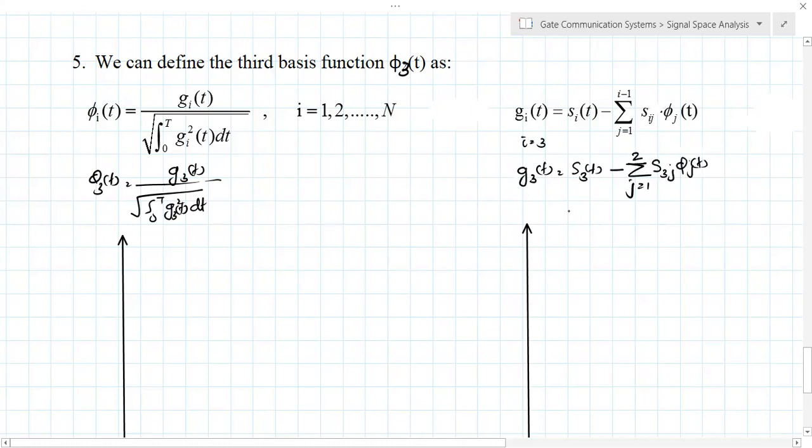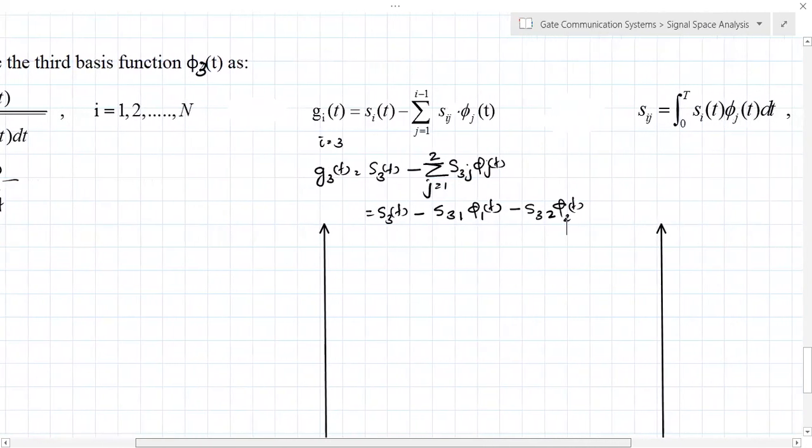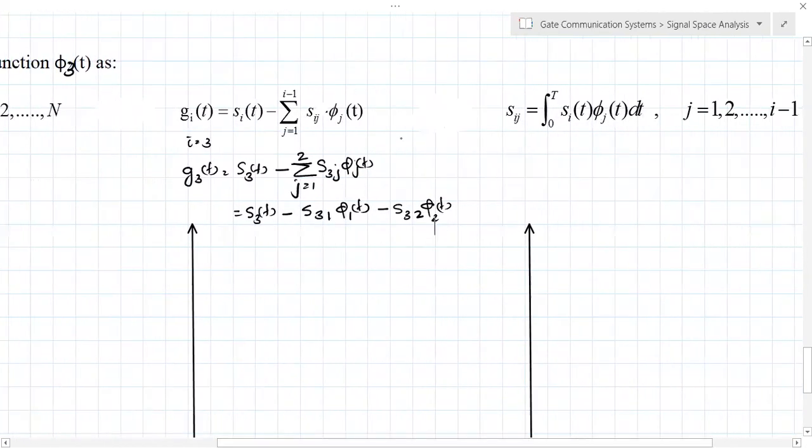If you expand this, you will get s3 of t minus s31 phi 1 of t minus s32 phi 2 of t, because j value is varying from 1 to 2. First case j is 1 and second case j is equal to 2. So we got an equation for g3, but there are some unknown quantities, that is s31 and s32. So we need to calculate each quantity.